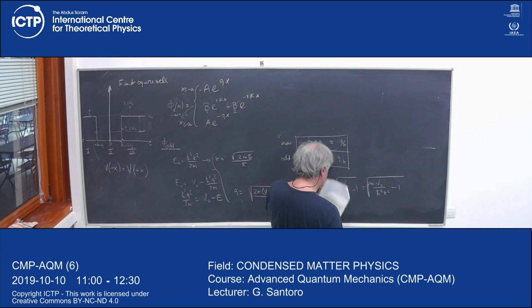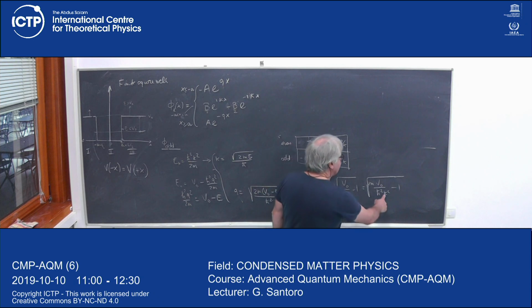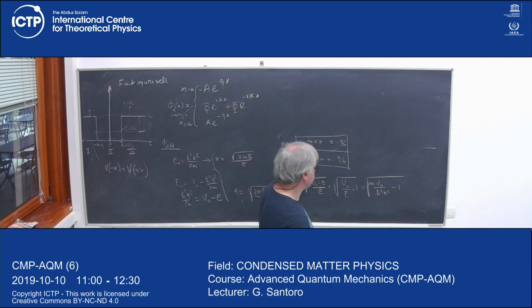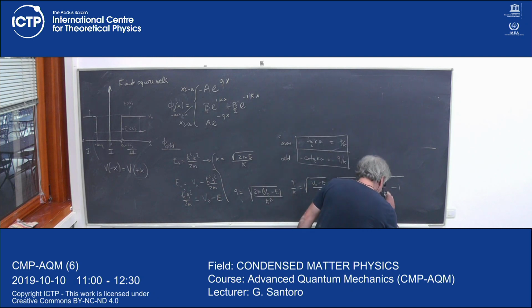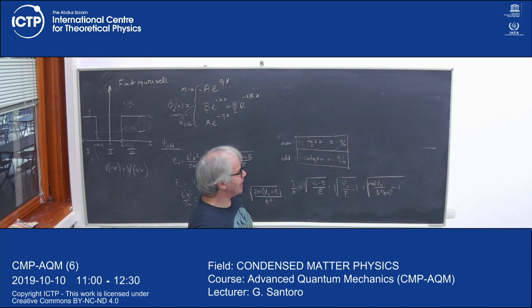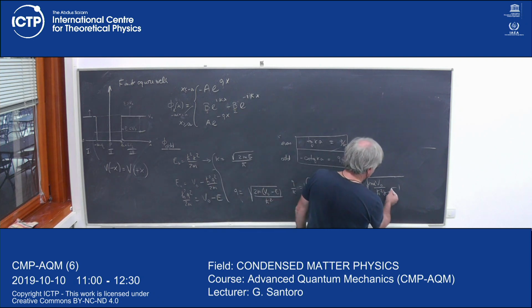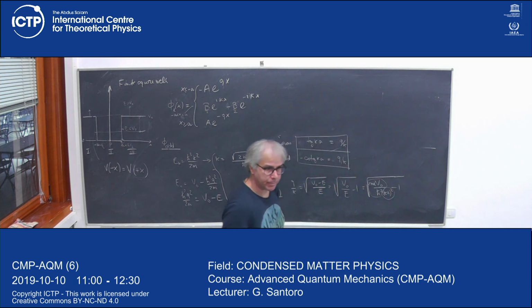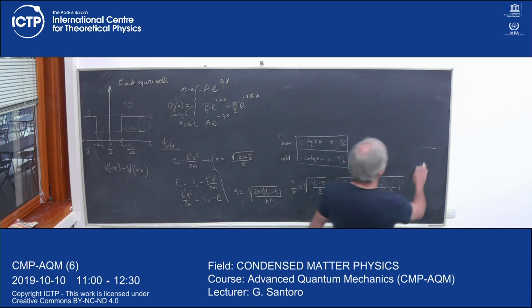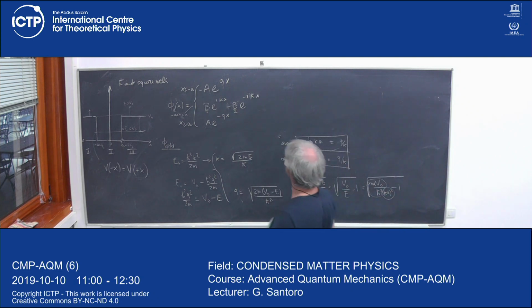Then since k has a dimension, inverse length, and a is a length, let me write this as ka square, and a square, I put it here. At this point, this is dimensionless, and this also must be dimensionless. Is it clear?